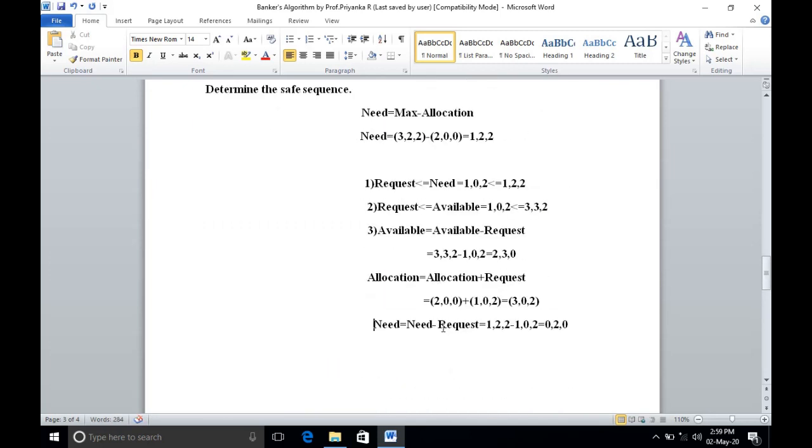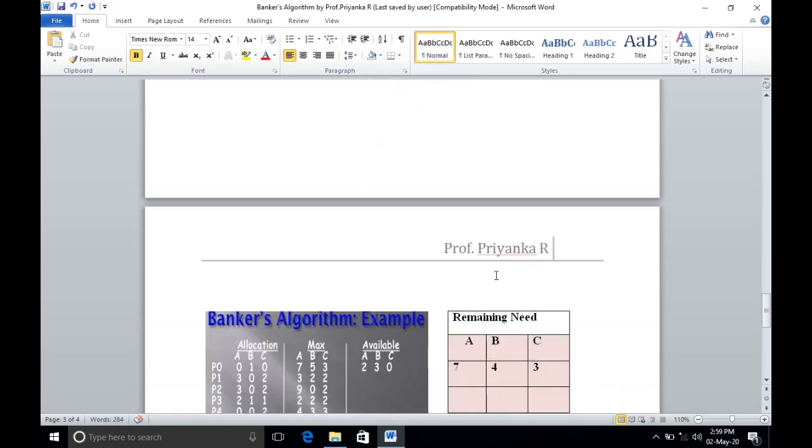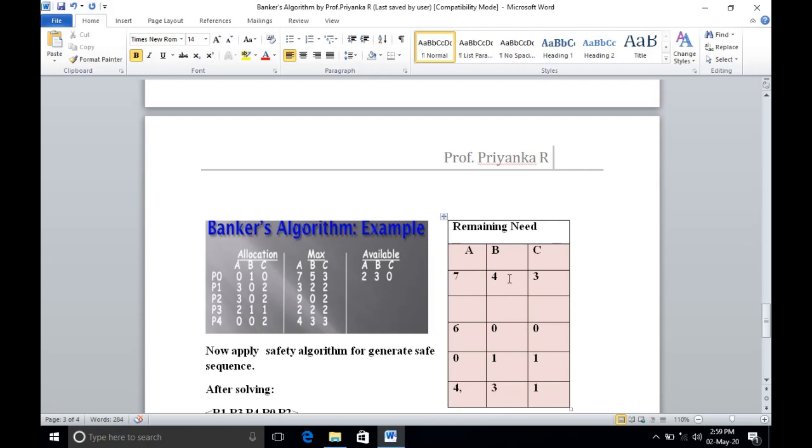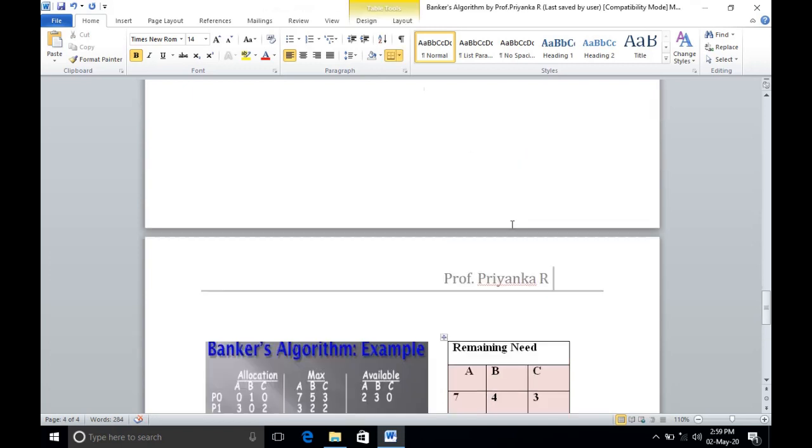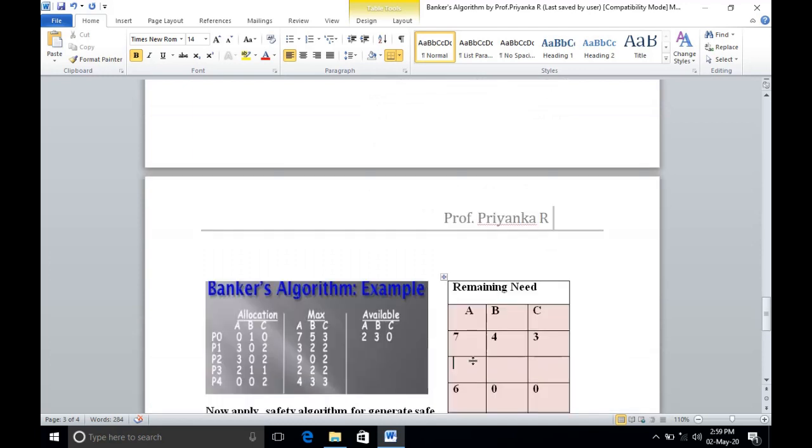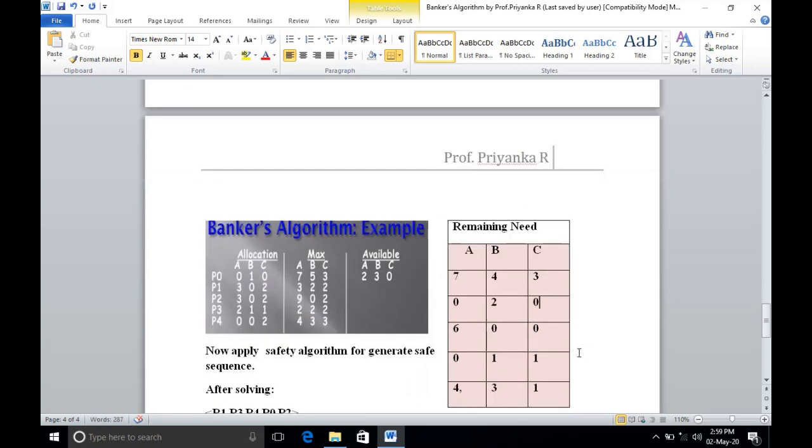So here we have obtained the values. We'll update our remaining need here. The remaining need for all the other processes, which are P0, P2, P3 and P4, will remain the same. We have obtained 020 as the need for process P1, so we'll update 020, which is newly created.